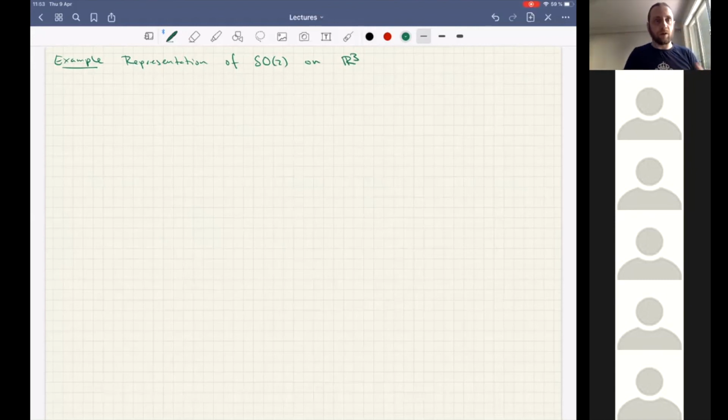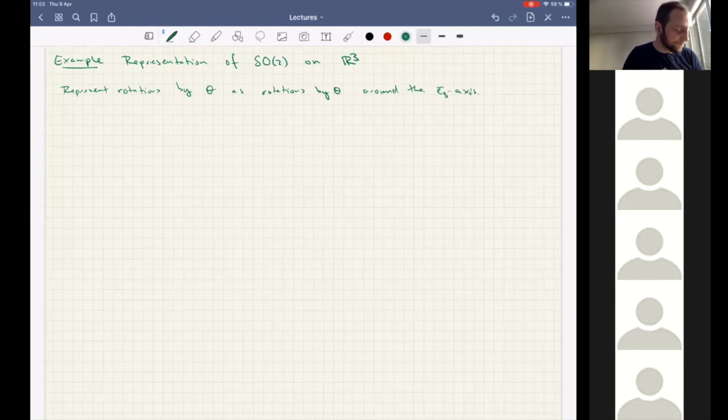We can do that by representing those two-dimensional rotations as rotations about a particular axis. So let's represent rotations by an angle theta as rotations by theta around the E3 axis.